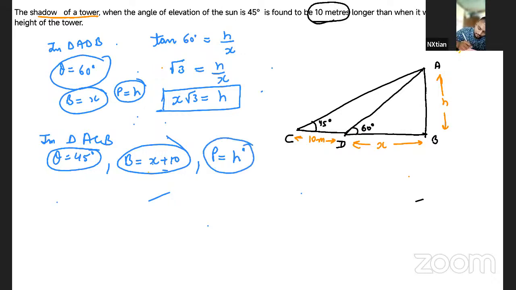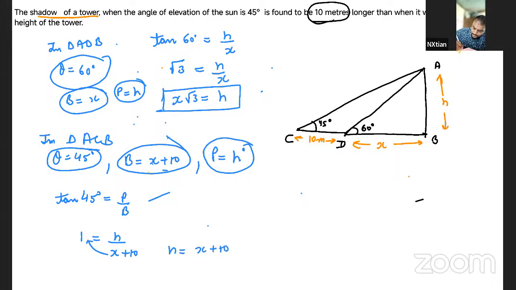So now tan 45 degrees is equal to perpendicular upon base. Tan 45 degrees is 1, and perpendicular is h upon x plus 10. So I got the value of h is x plus 10.